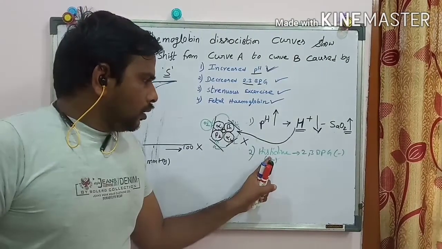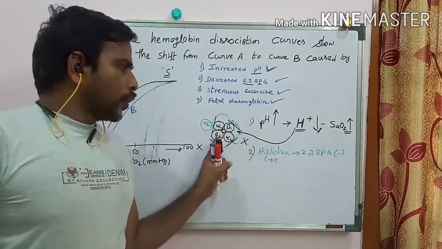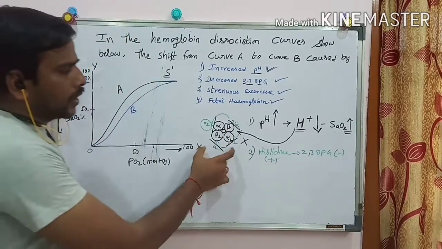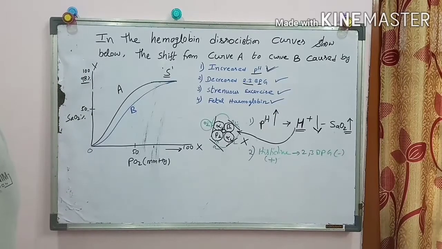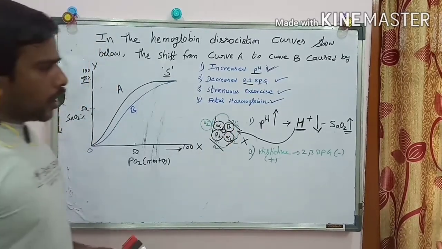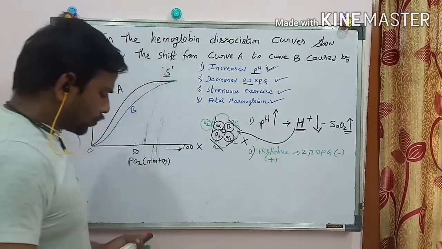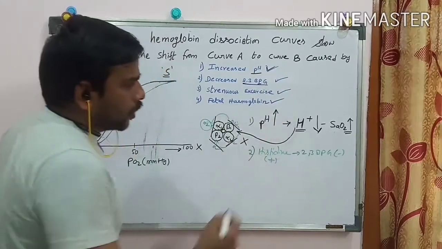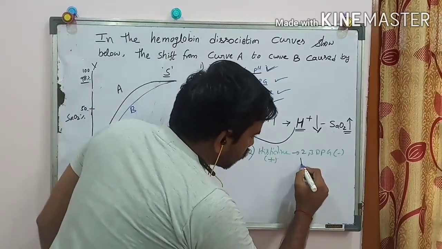When the histidines of the beta 1 and beta 2 subunits bind to the 2,3-BPG, the affinity between oxygen and hemoglobin will decrease. Now see here, this component's concentration is decreasing when 2,3-BPG is very low.